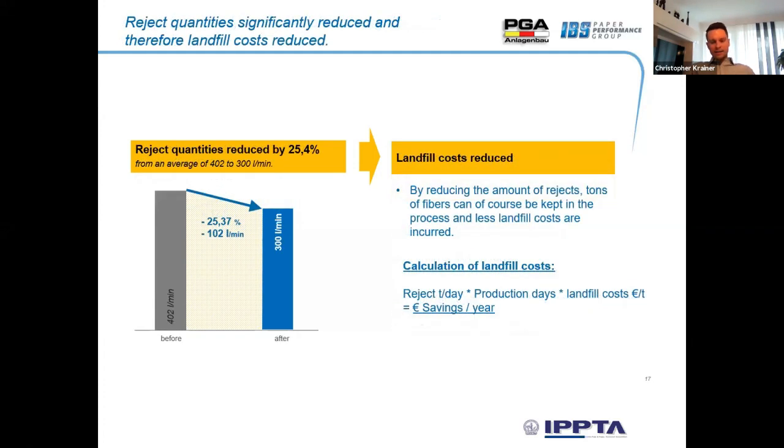On the other hand, as already mentioned before, we have decreased the reject by around 25%. Unfortunately, we have not received any figures from the customer in this case, but as promised, we have prepared a return on investment calculation with Indian figures in the next chapter.